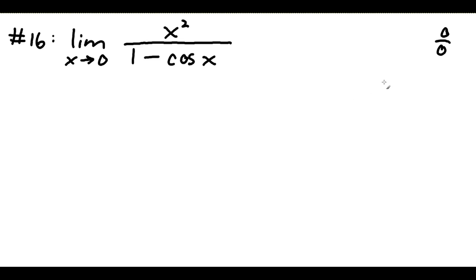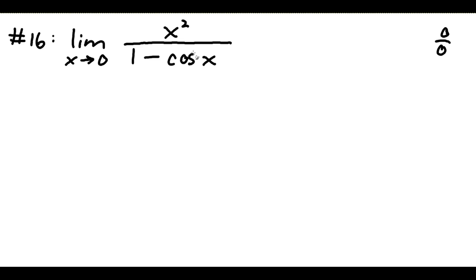Now, before we jump straight to L'Hopital's rule, which will apply here because this 0 over 0 is one of the standard indeterminate forms that it works on, we should take a moment to consider whether there is an easier way to evaluate this limit.